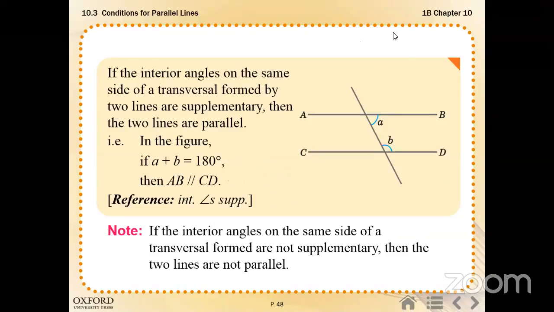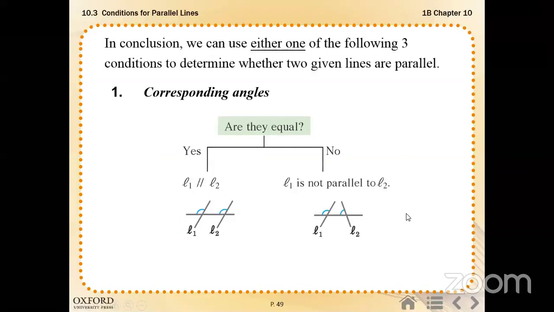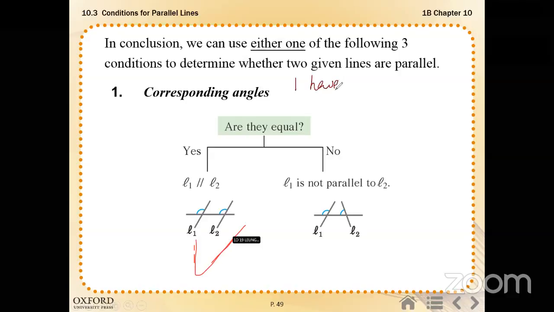Now, maybe I summarize a little bit. I can summarize into cases. Now, if I have parallel lines, before in session two, we have this one first.